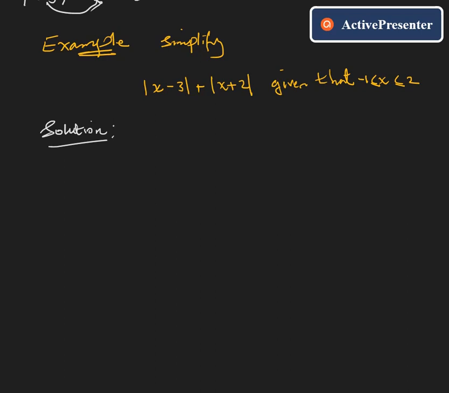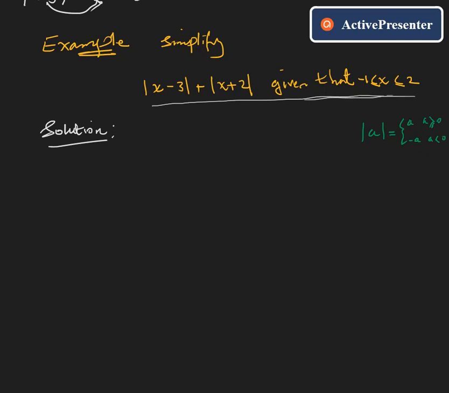Please recall that the absolute value of a equals a when a is greater than or equal to 0, and negative a when a is less than 0. How to solve this question?